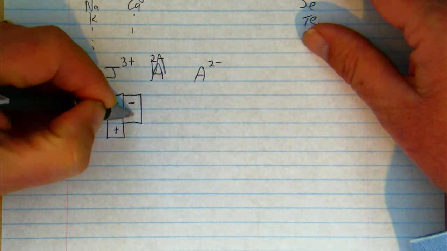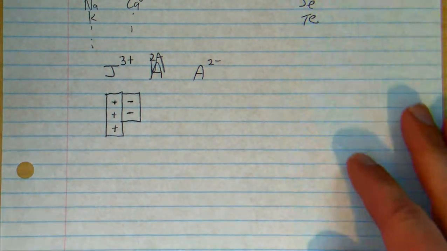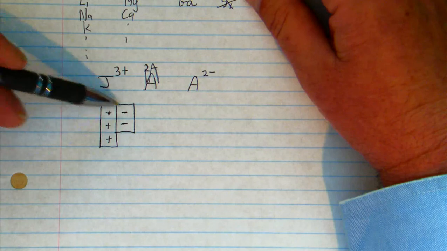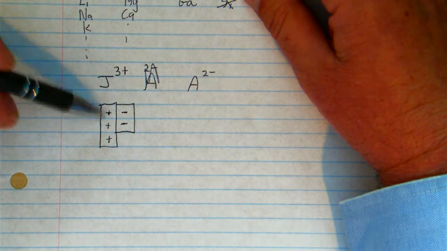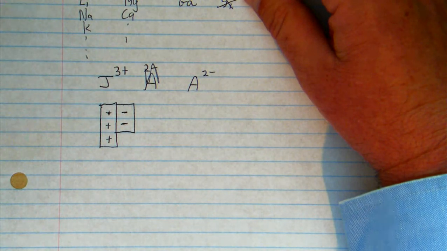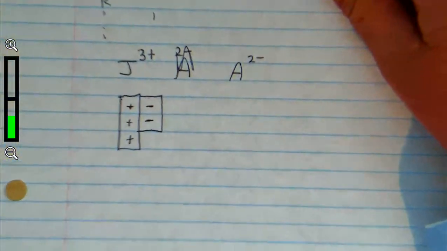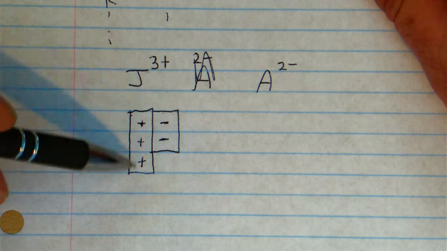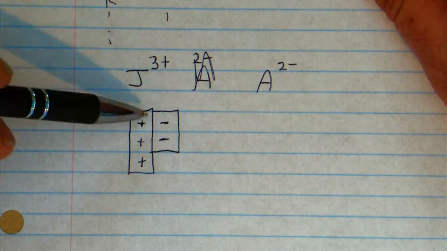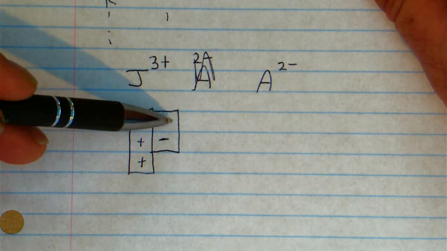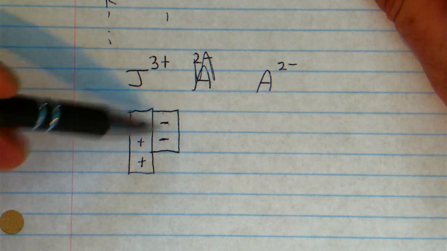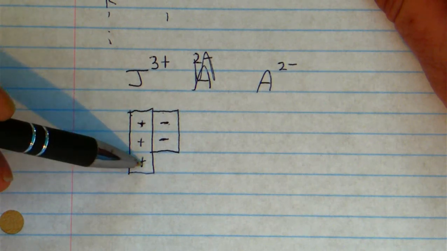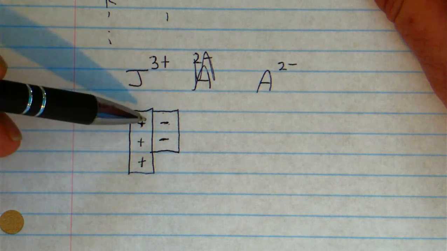So here's Amber with a 2- charge. So if I took one Giselle and paired it with one Amber, it's not going to work. The reason it doesn't work is because this is not electrically neutral. To be electrically neutral, that means for every positive, there's a matching negative. And in this situation, they don't match. I have one more positive than I have negatives.